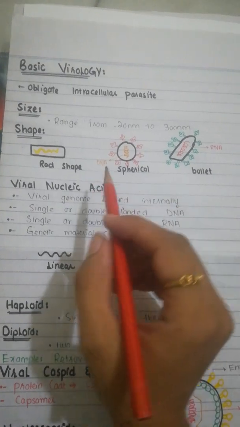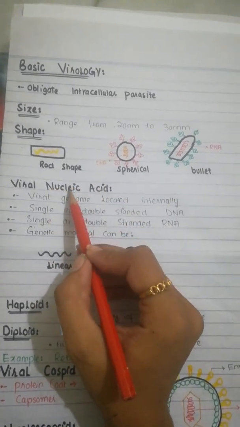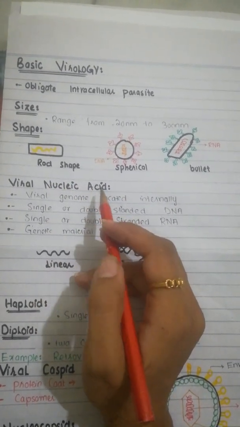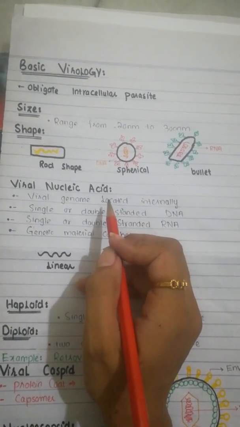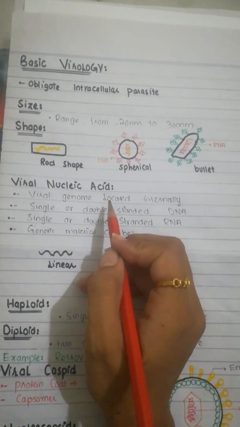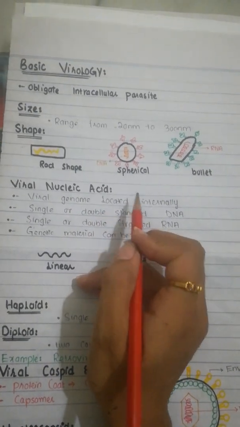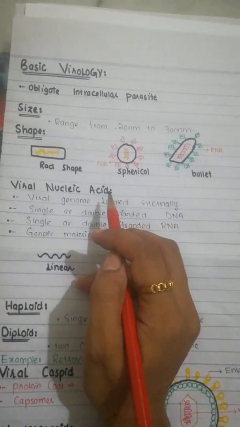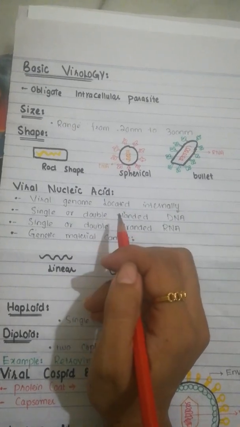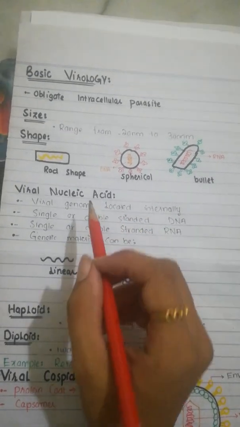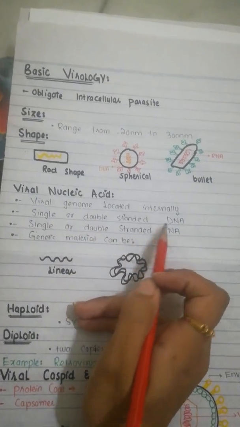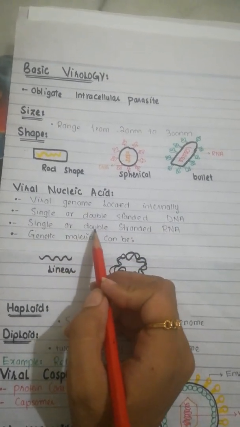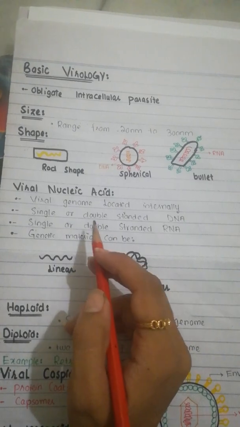Now we discuss viral nucleic acid, or viral genome. So basically the virus genome is located internally, and it can be either DNA or RNA, not both of them. A virus contains only one type of genetic material, and it can be single or double stranded DNA, or single or double stranded RNA.